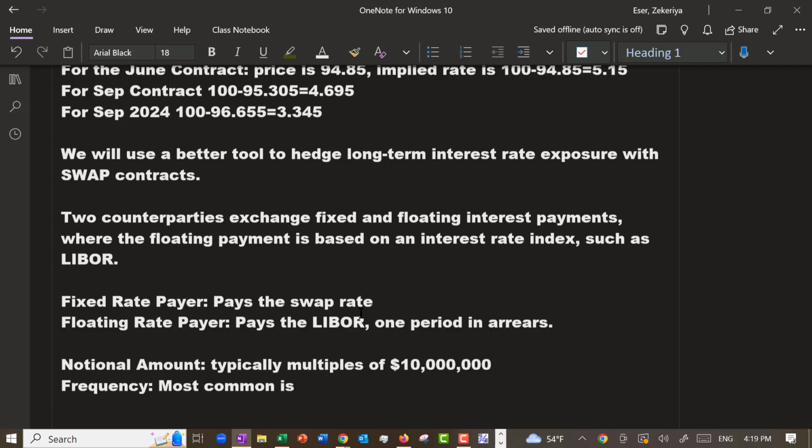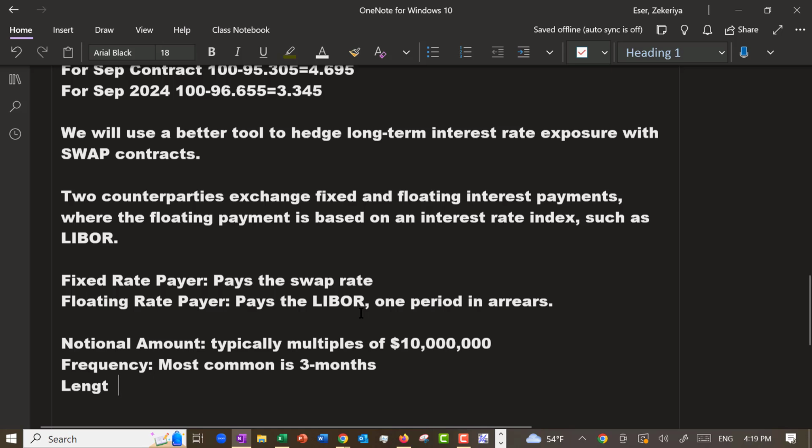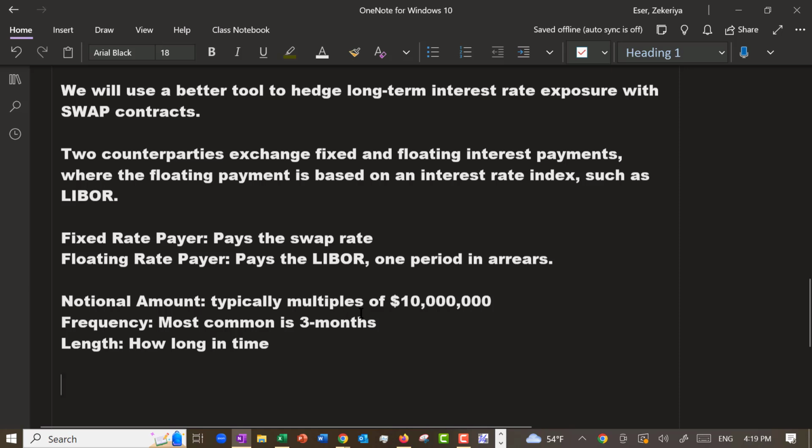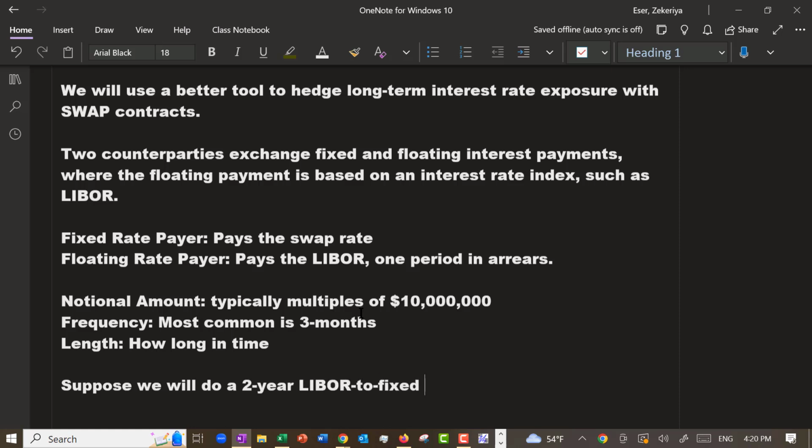You also need length. How long in time? So suppose we will do a 2-year LIBOR to fixed swap with 3-month payments.